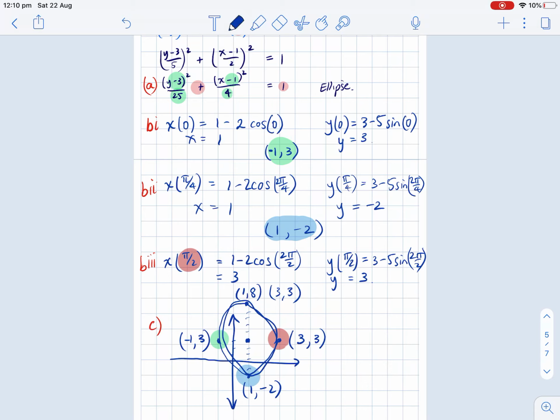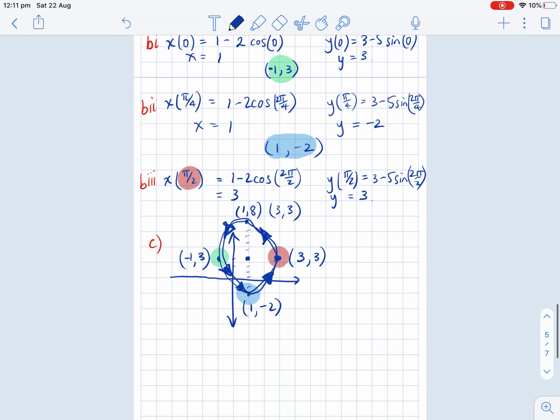So what we're finding is that my particle is travelling around the ellipse in this direction, and after t equals pi on 2, I get to this point. So I'm going to need another pi on 2 to get back round to the starting point.